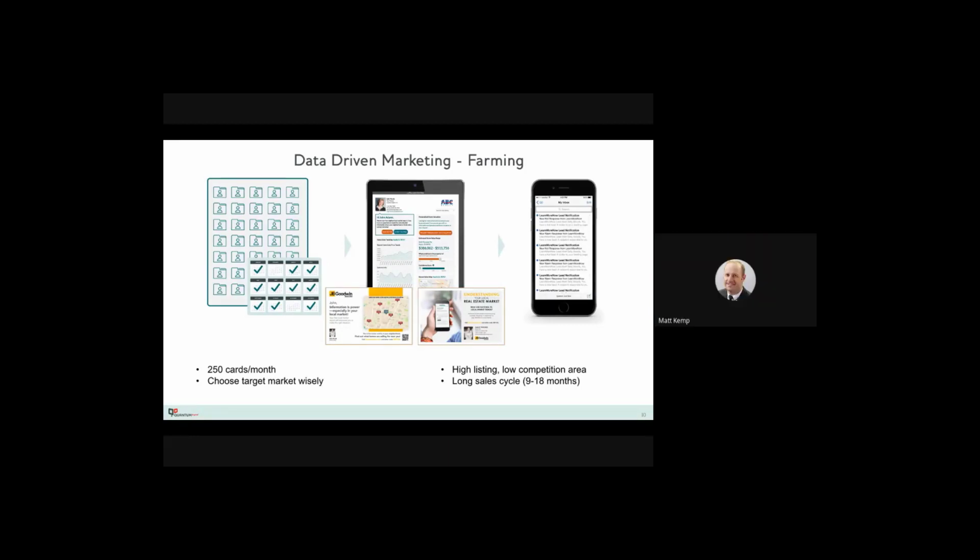Right. So whenever it comes to farming a neighborhood, we would advise you that your money would be best spent in a low competition area and something that has a high turnover of listings. So if there's a neighborhood where you find the average homeowner stays in their home 15 to 20 years, that wouldn't be considered a high listing turnover.